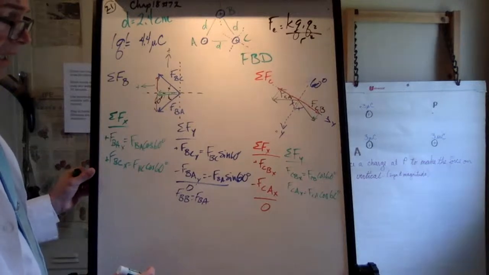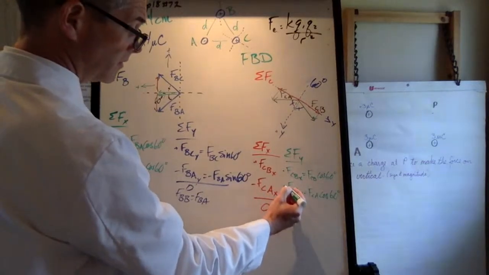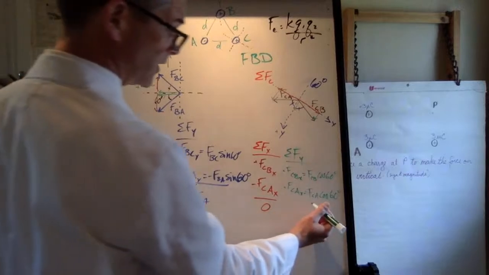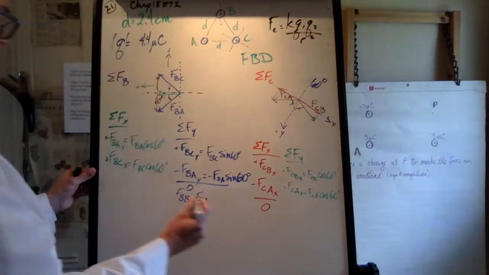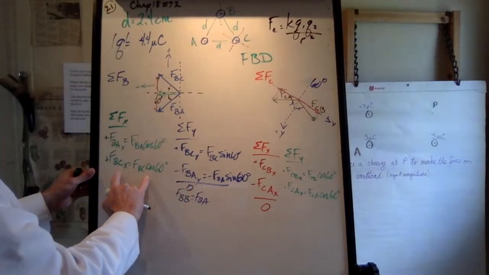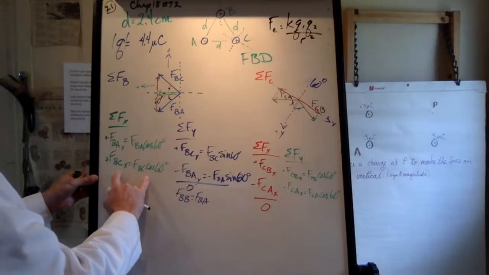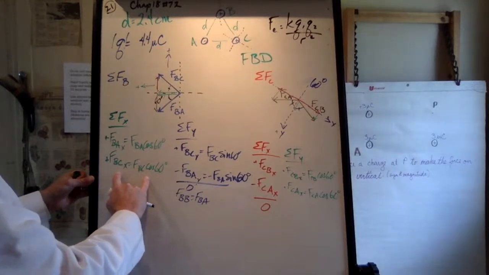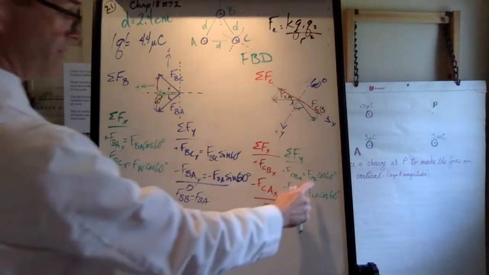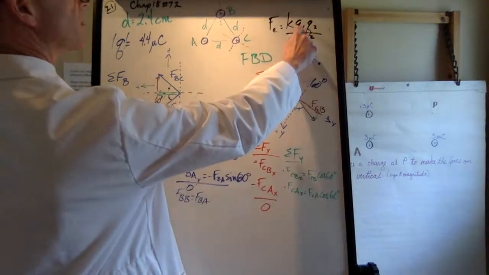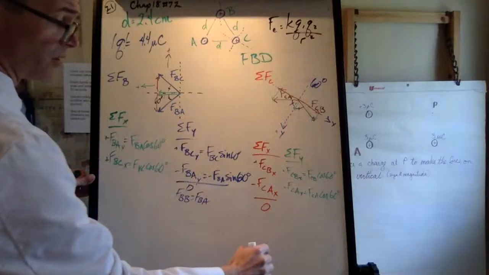Add those two together, I should end up with the same magnitude as I got for here, because FBA and FCB are the same, because the Q's are the same distance away.